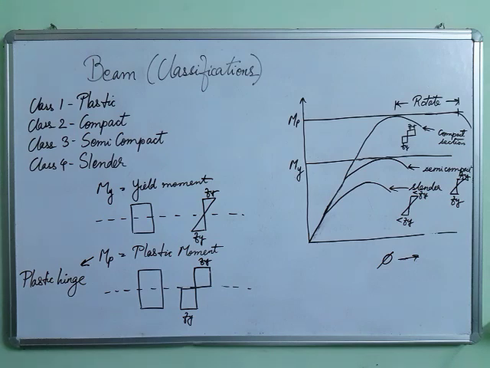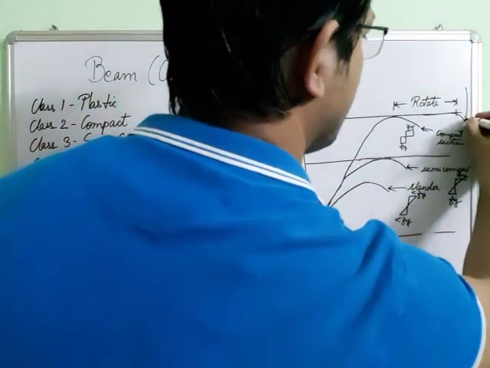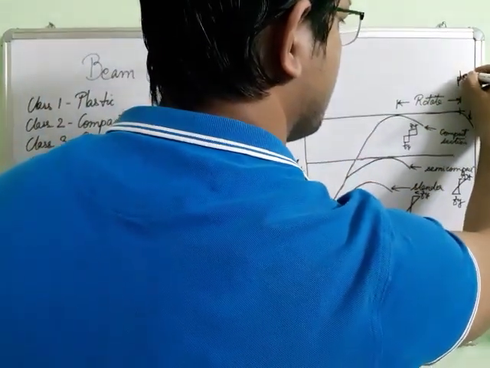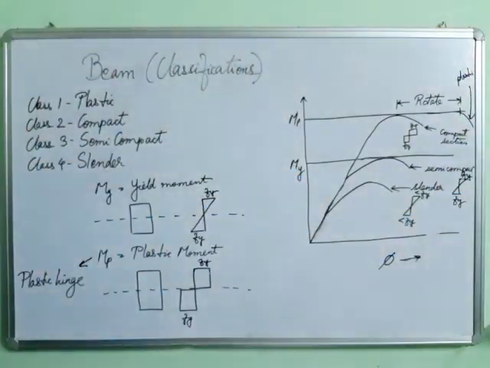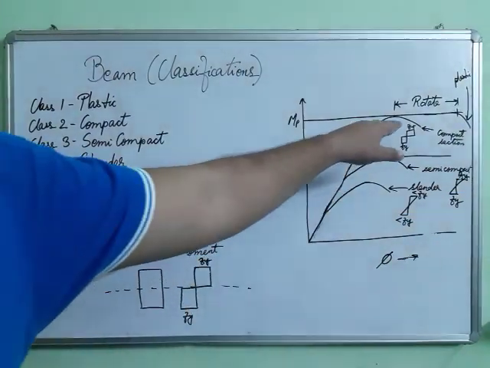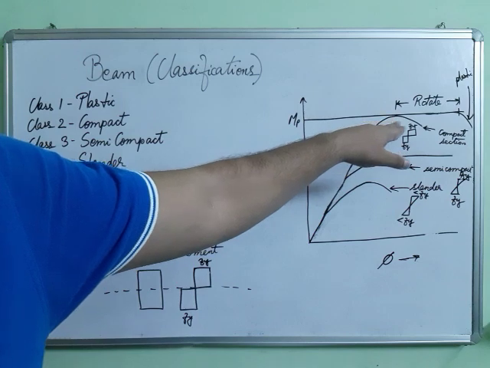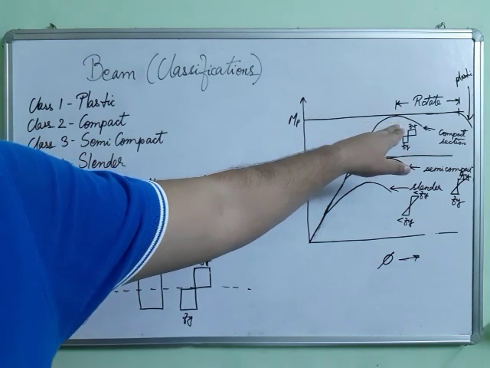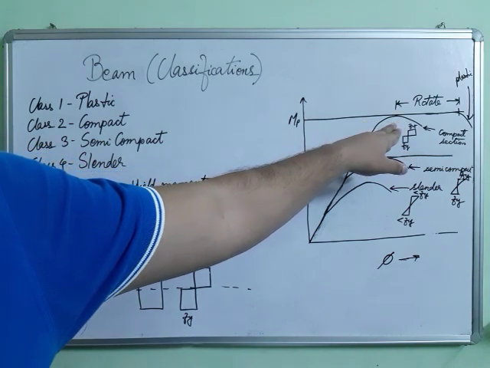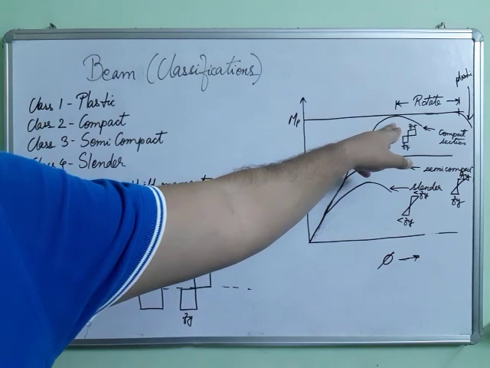Okay, and there will be buckling. Okay, there will be buckling in the compact sections, and finally for the plastic sections, they will reach the plastic moment, and they will form plastic hinge, and they will rotate because of the plastic hinge.